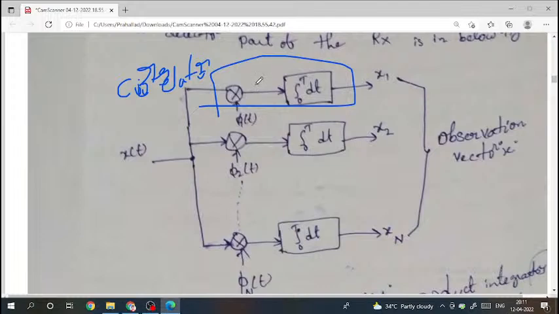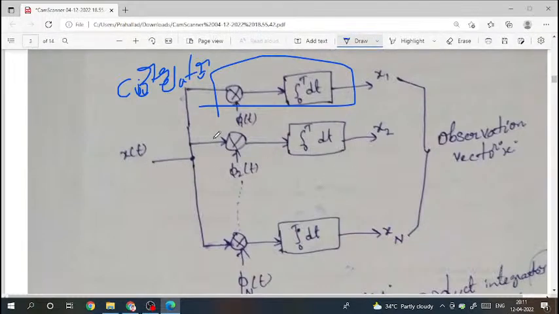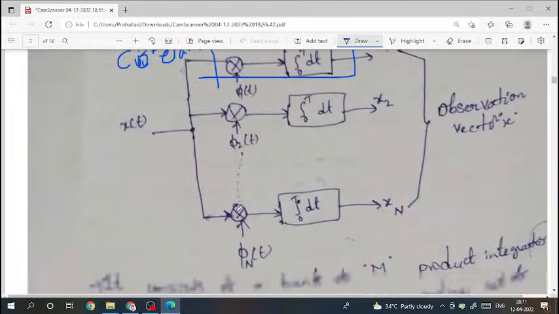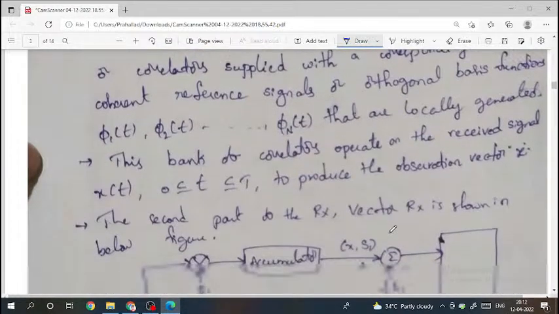This bank of correlators operates on the received signal x of t, the input signal, in the interval 0 less than or equal to t less than or equal to capital T, to produce the observation vector x. So this is the write-up for marks.